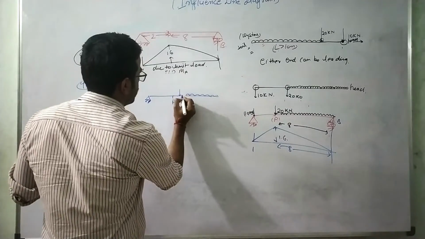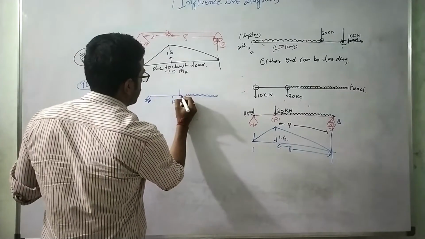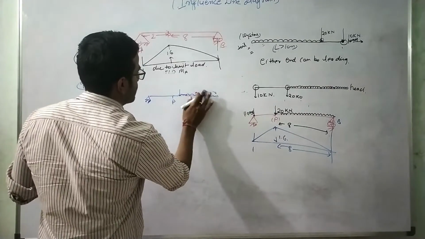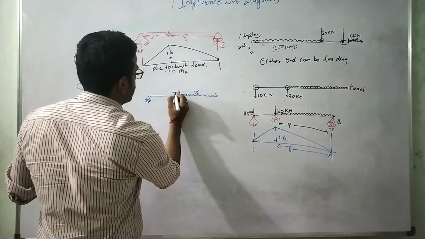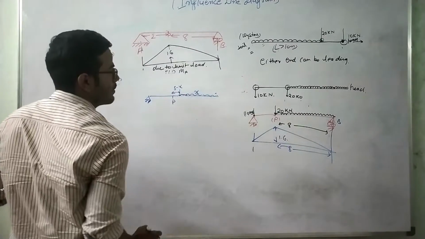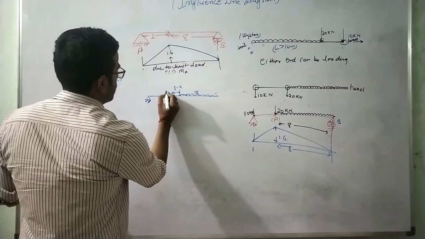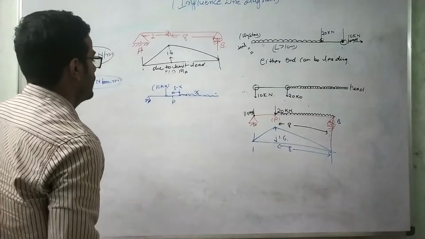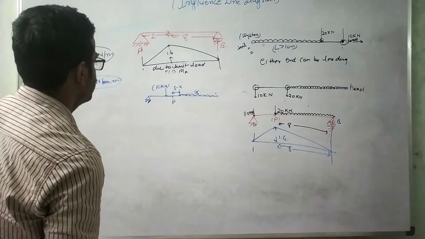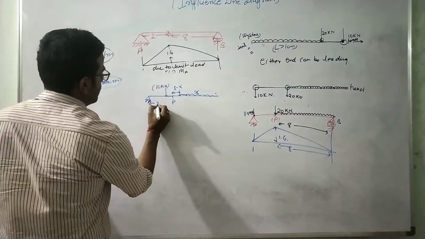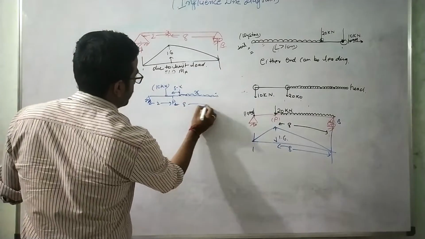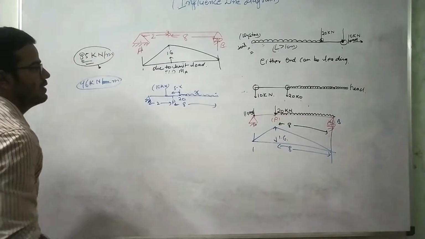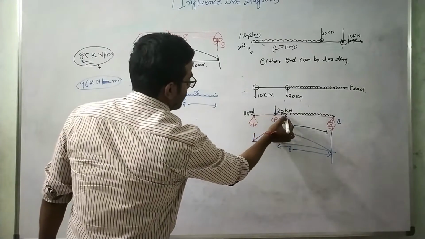Let us suppose this distance is x, so this is 8 minus x. And the other load acting here is 10 kilonewton, this distance is 2 meter and this is 8 meter. So this is the load condition, and this 20 kilonewton load is acting at the right of P.